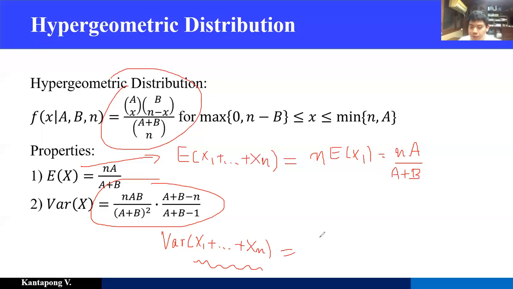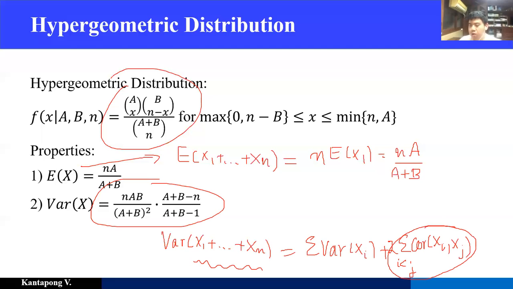If we want to separate the sum, we get the variance of Xi plus, let's say, 2 times the covariance. So the covariance is not equal to 0. Okay.